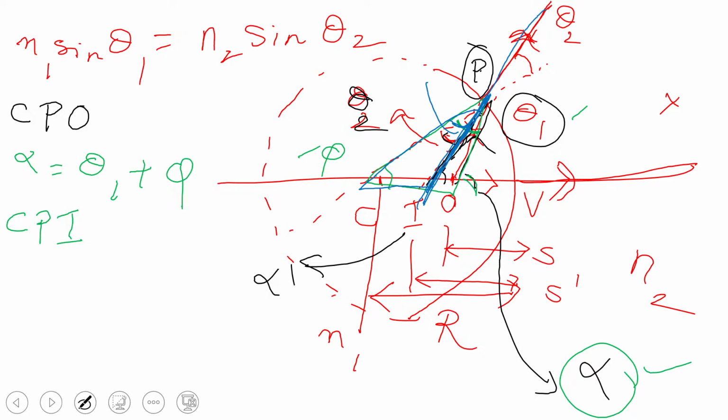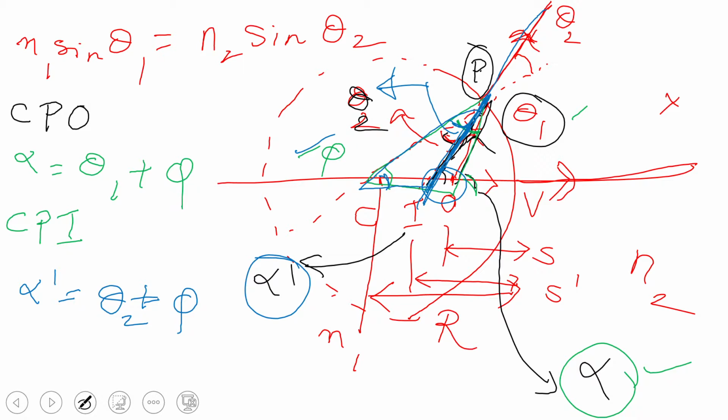So this angle is theta 2, and this external angle is what we called alpha prime, and this angle is phi. So from triangle CPI, the external angle is alpha prime, and the internal angles are phi and theta 2. So I would have theta 2 plus phi.